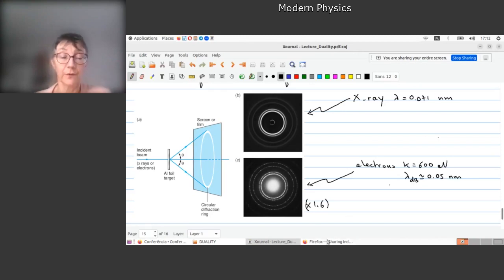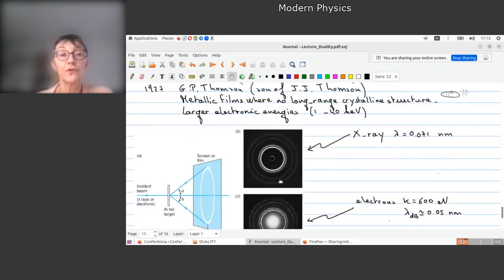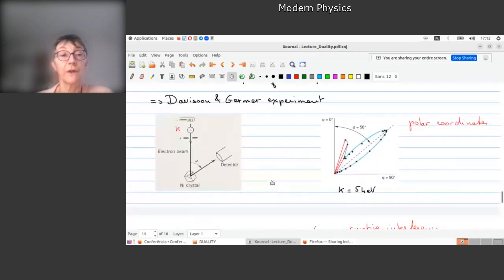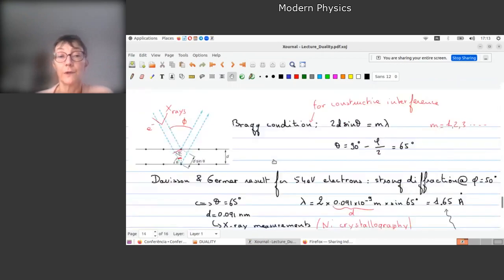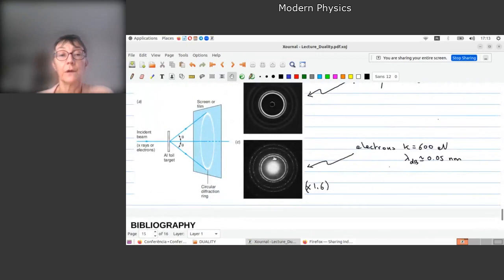And so the angles will be smaller, and you have to increase a little to really compare the diffraction patterns. But you can see that this is X-ray, this is electronic diffraction. So these are two very beautiful experiments showing that de Broglie was right. So you can observe the wavelength behavior of material particles.